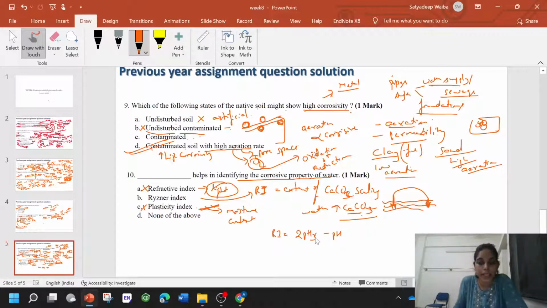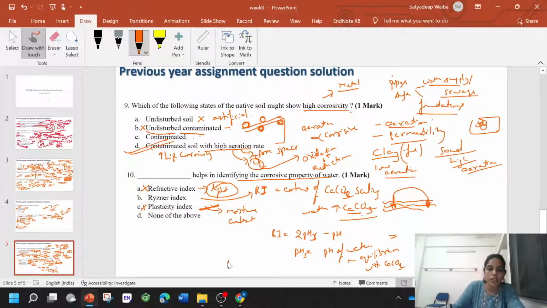Now, pHs is the pH of water in equilibrium with CaCO3. It means we have a standard water where the pH of water is equivalent to the CaCO3 pH. And pH is the pH of the measured water, wherever we are working.